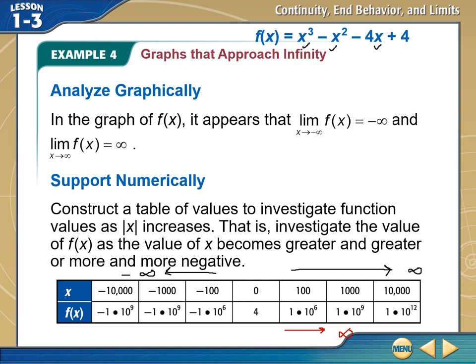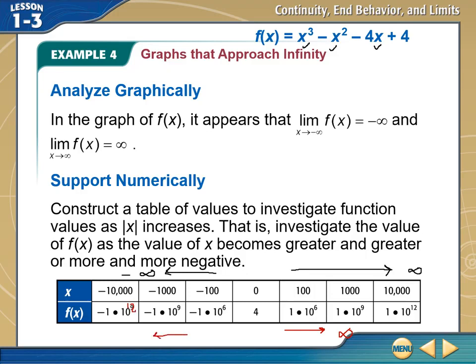But when I went to the negative infinity, I decreased the x from negative 100 to negative 1000 to negative 10,000. I found out that the answers became negative 10 to the power of 6 and negative 10 to the power of 9 and negative 10 to the power of, this is a mistake, 12. So the numbers are decreasing and decreasing forever.